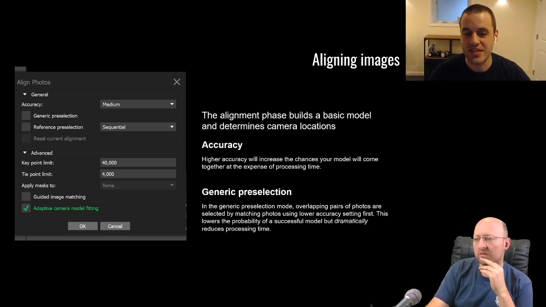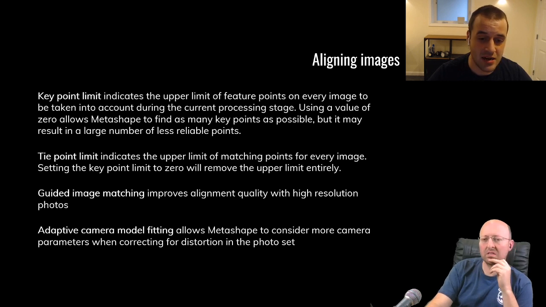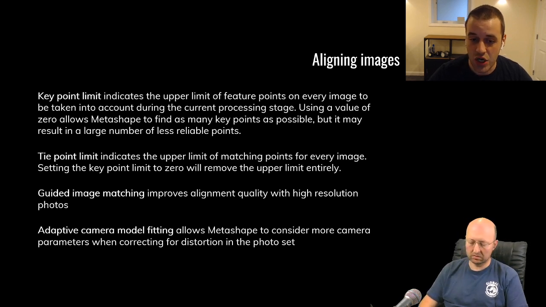The key point limit is the total number of points that it's going to search for in each photo. So 40,000 key points means it's going to look for 40,000 and then give up. If you increase that, it's just going to take a lot longer to process, and if you decrease it, it might stop early. 40,000, the default, is a good number to work with, and I wouldn't adjust it.